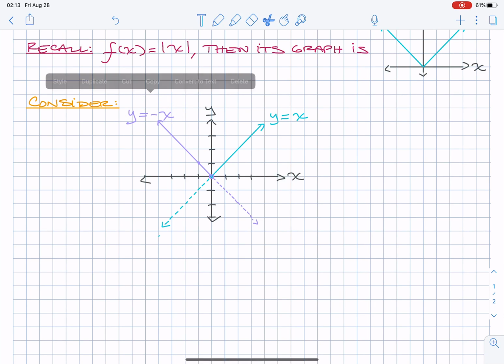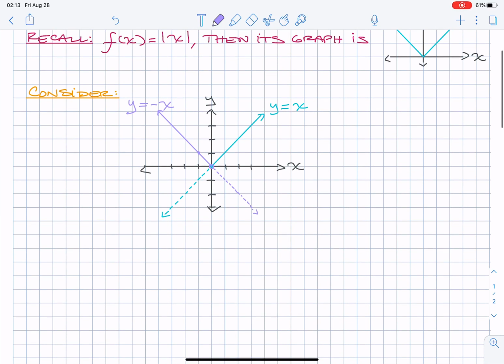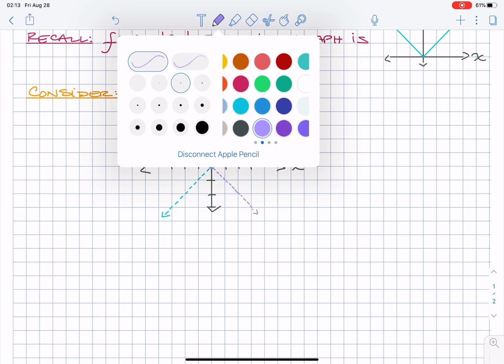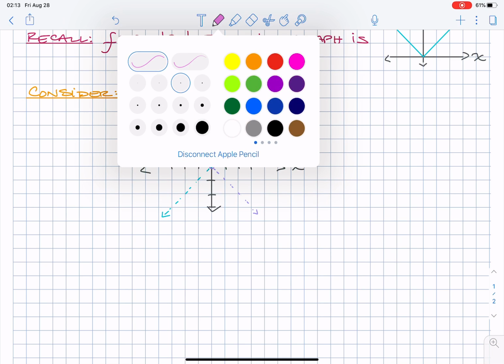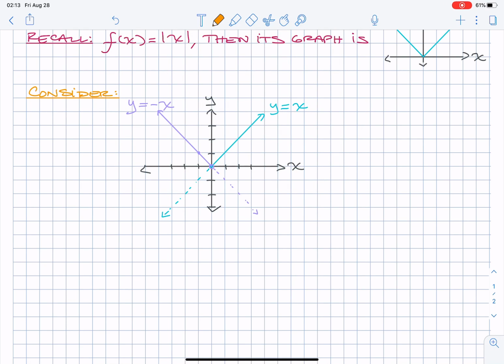So notice where I don't have the dashed lines, where they're solid lines, that is the graph of the absolute value function. I hope you can see that. Maybe I should erase this a bit more. Don't want you to get confused. That is not on the graph. Okay, so what I'm saying here is that we can express the absolute value function as follows.